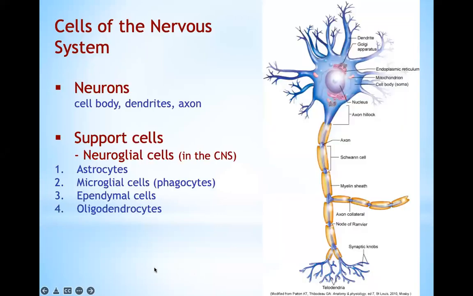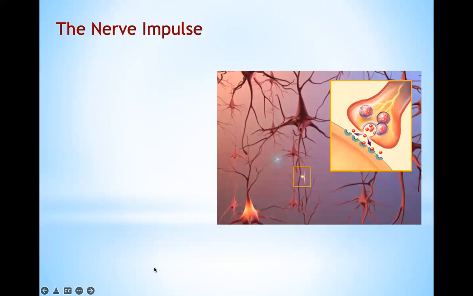So we talked about the cells. Now let's talk about a very, very important concept, which is the synapse and how the nerve impulse travels between different neurons. Usually, we have a series of neurons or nerve cells to execute an action.